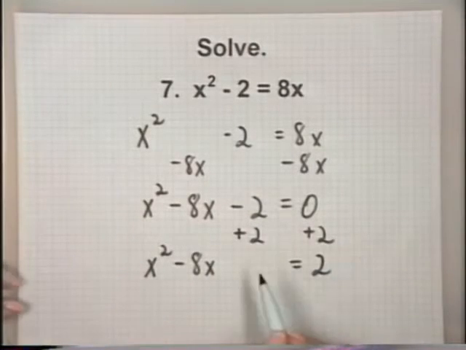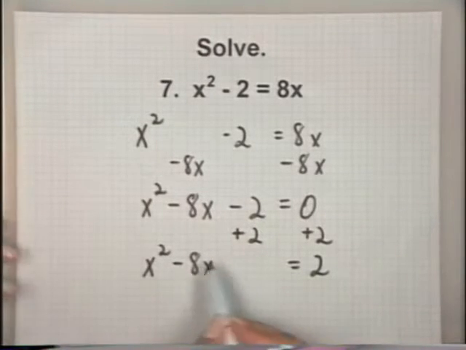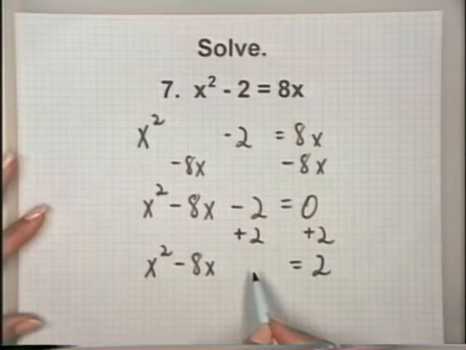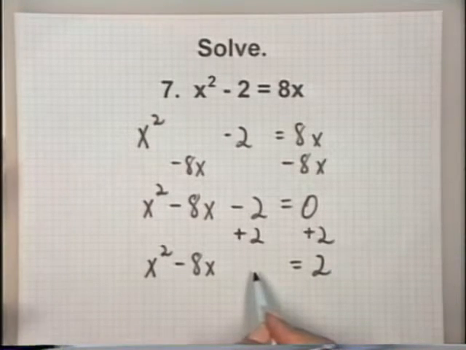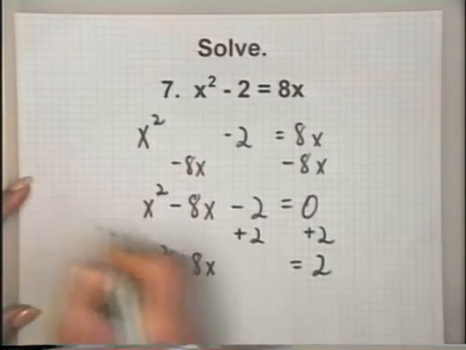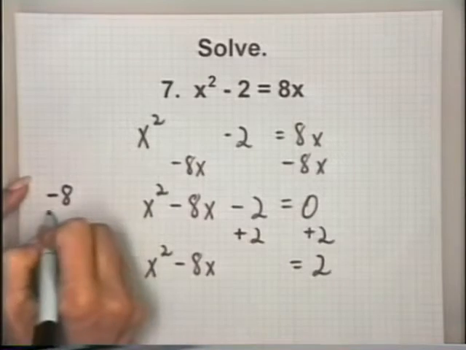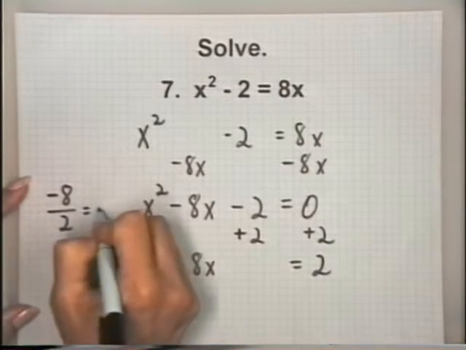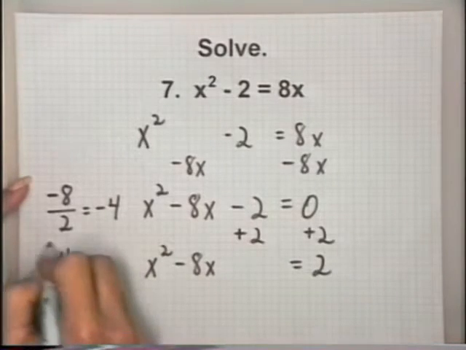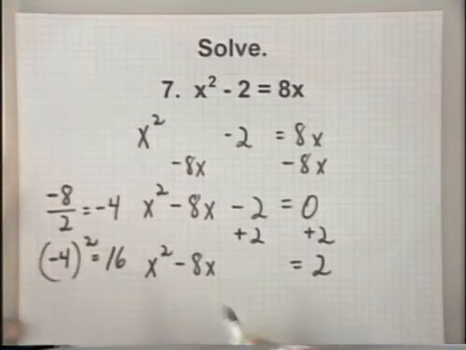Now remember, what we want to do is to add a number to x squared minus 8x so that the resulting expression is a perfect square trinomial, which we know factors as a binomial square. The way we figure out what number to add is we take the coefficient of x, we divide it by 2. That gives us negative 4. We take that negative 4 and we square it. That gives us positive 16.